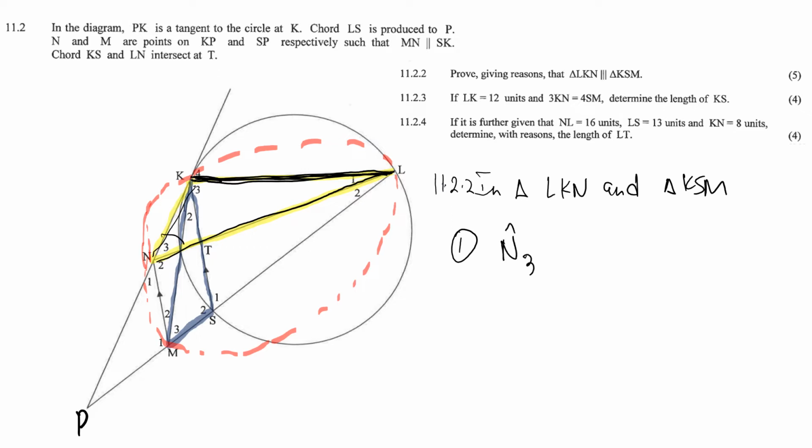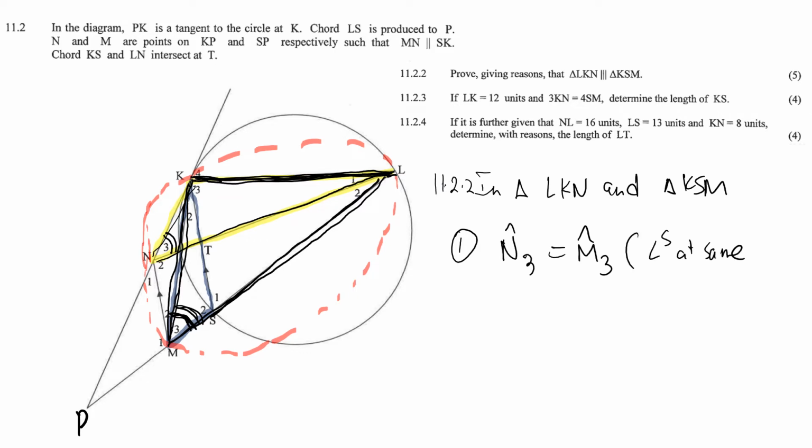The same chord LN is subtending another angle at another point on the circumference, which is M3, meaning that angle N3 and angle M3 are equal by angles at the same segment.